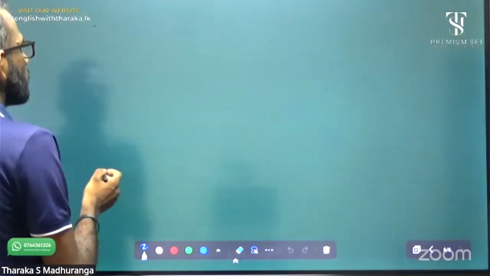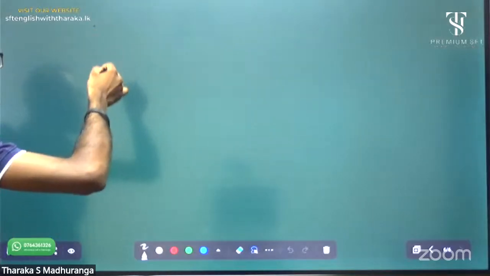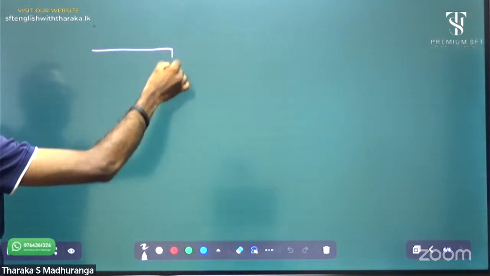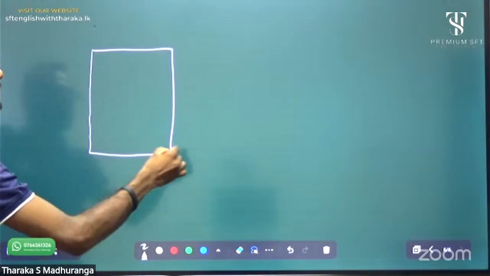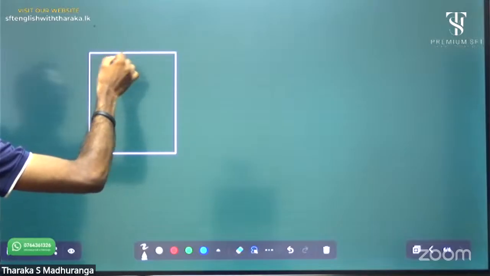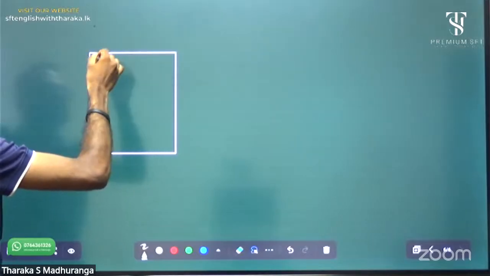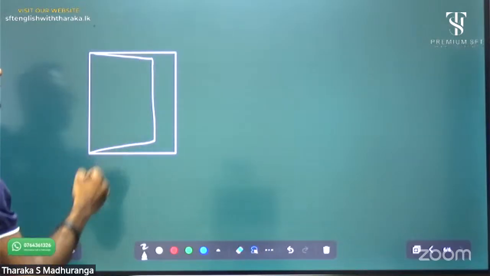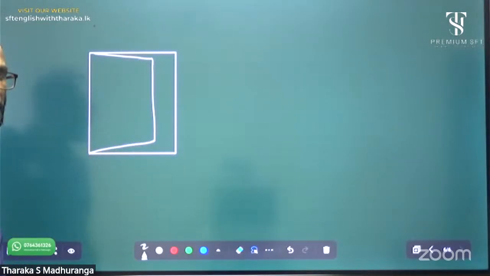If you have a door, now there is a door or window of your home. Think it is a door. Now it is partially open, maybe there at the end.